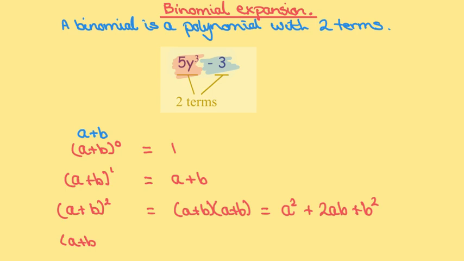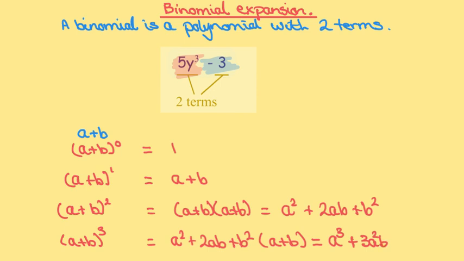A plus b cubed is equal to a squared plus 2ab plus b squared, which is a plus b squared, times a plus b, which is equal to a cubed plus 3a squared b plus 3ab squared plus b cubed.